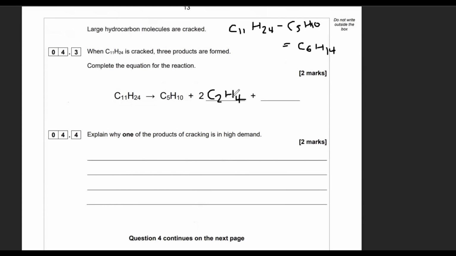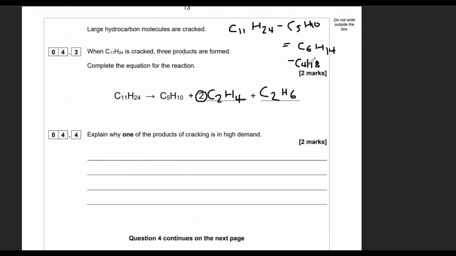If I do C2H4, gosh, this one's quite hard. That's going to make eight of those and use four of those. You've got to remember this is a coefficient, so that's like a multiple. So if I take away C4H8 from C6H14, I'm going to be left with C2H6.